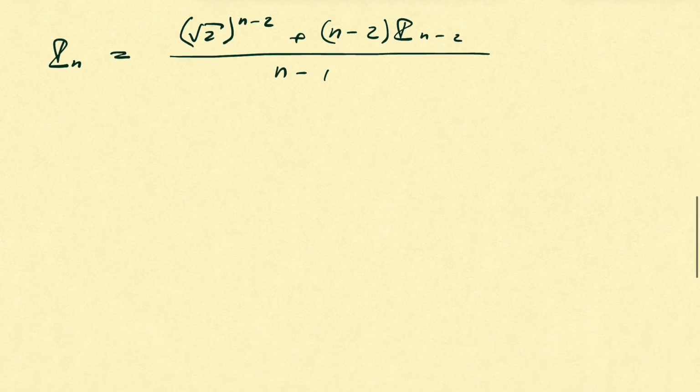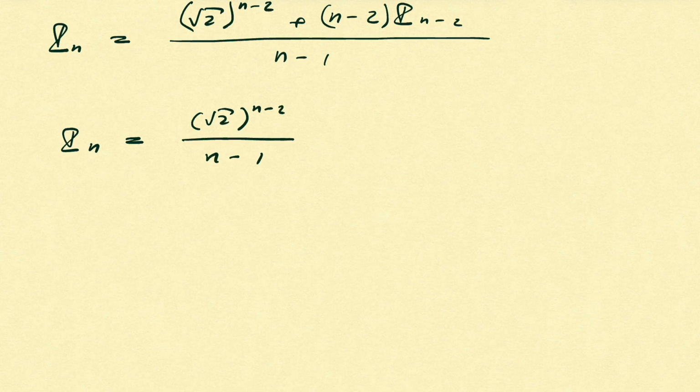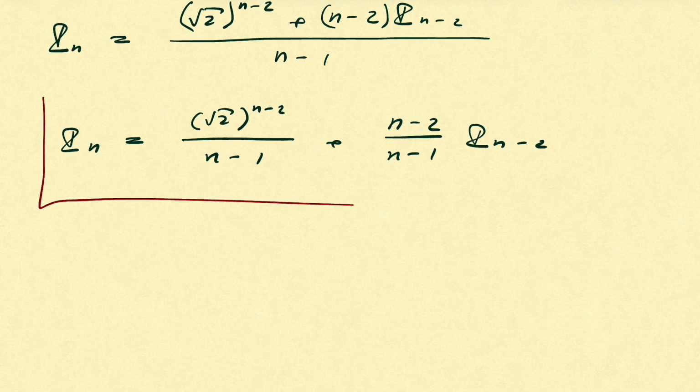Now, for our future computations, let me just write this in a more neat way, right? Plus n minus 2 over n minus 1 of I sub n minus 2. We see some recurrence relation here.